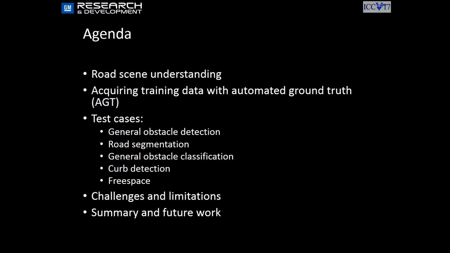After I review the general approach, I will show several test cases which we tried and have results with. These include general obstacle detection, road segmentation, general obstacle classification, curb detection, free space detection, also car pose estimation, and others. And I will discuss the challenges and the limitations of our approach.